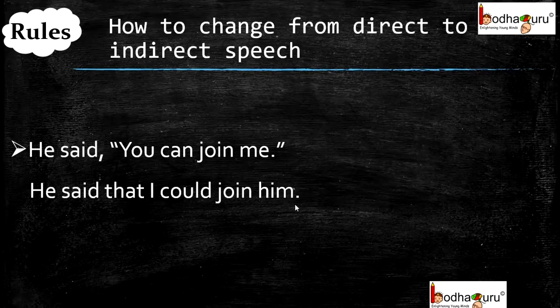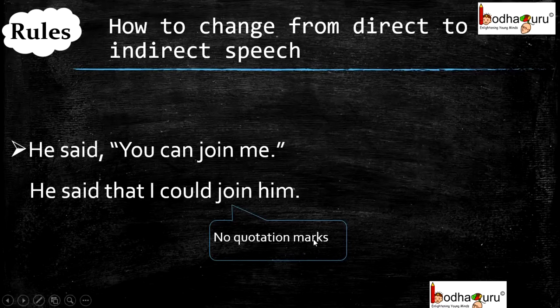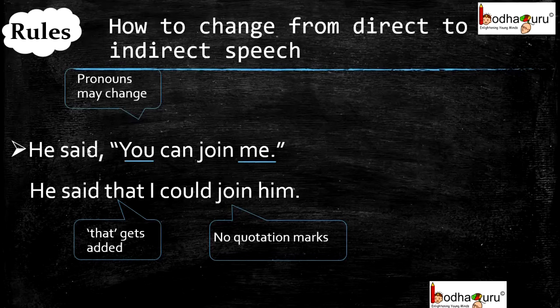And while changing from direct to indirect speech, several rules are involved. First, you observe no quotation marks are there. Second, generally that gets added in the sentence. Third, the pronouns which are used in direct speech might change.